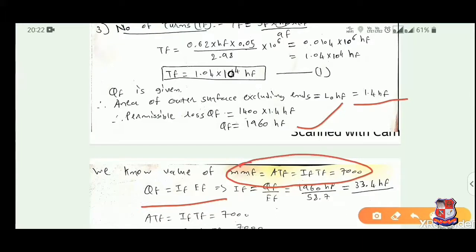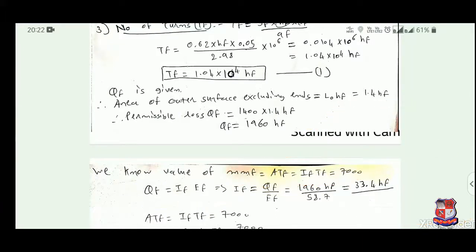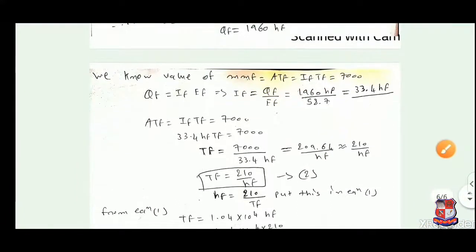Now we also know this value of MMF, so we are using that MMF to find out the relation. So we again get the unknown value, so we compare this ATF is equal to 7000, which is equal to QF IF into EF, 33.4 into HF.